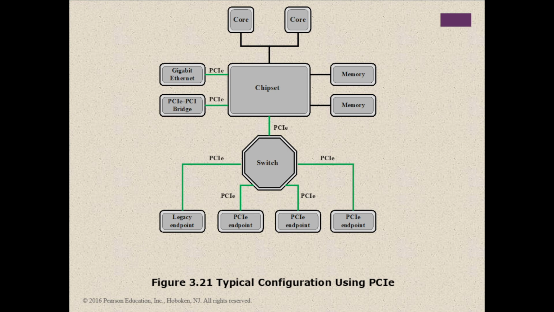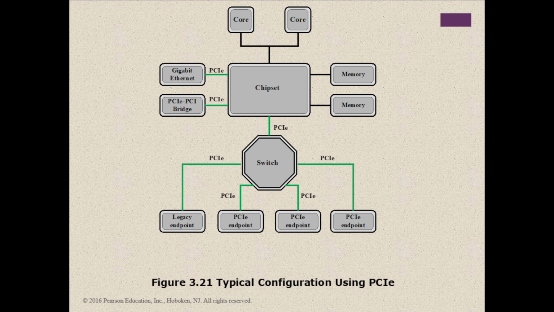The chipset will typically support multiple PCIe ports, some of which attach directly to a PCIe device, and one or more that attach to a switch that manages multiple PCIe streams. PCIe links from the chipset may attach to the following kinds of devices that implement PCIe. It can be a switch, which manages multiple PCIe streams.